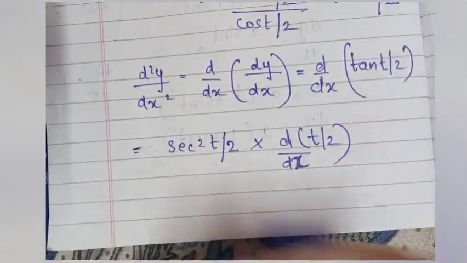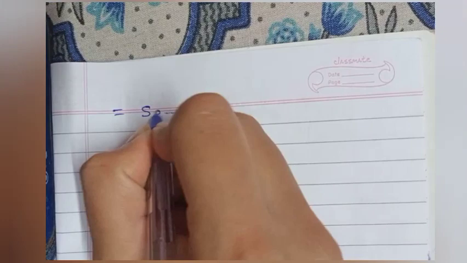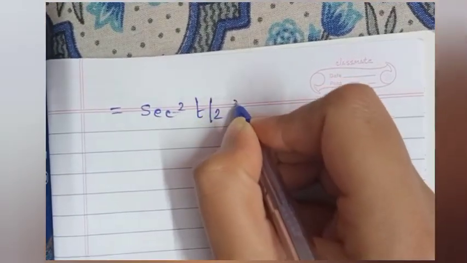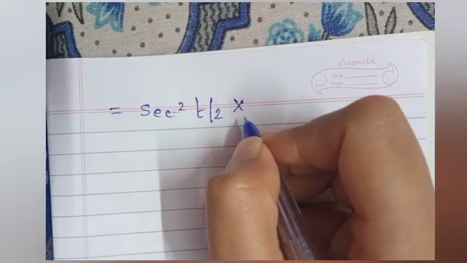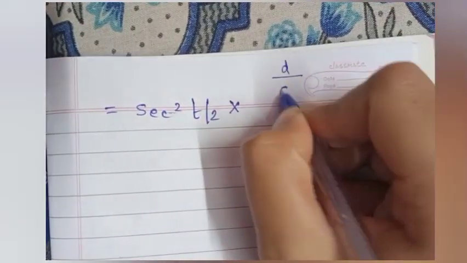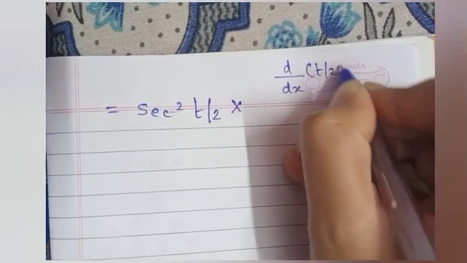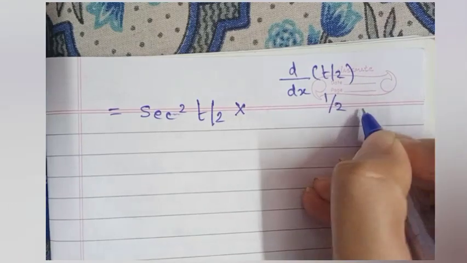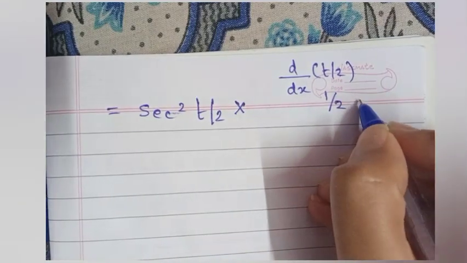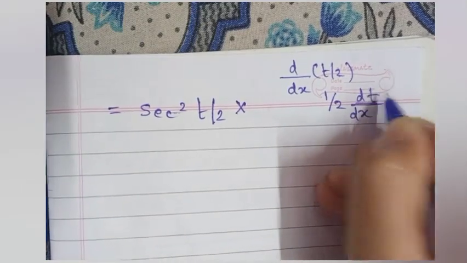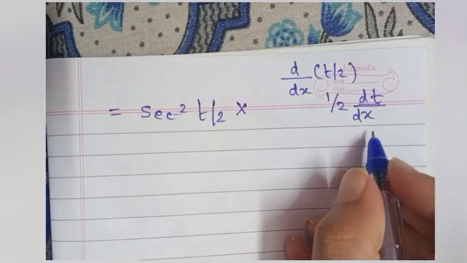So it is sec square t by 2 into, for d by dx of t by 2, we take the half outside, since half is a constant, and we do the differentiation of t in terms of x.